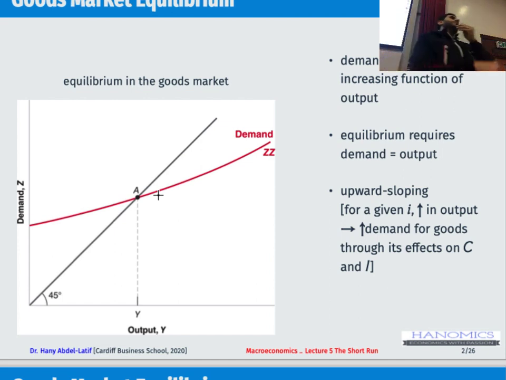Let me talk about the other case. If the interest rate falls, how is this going to affect aggregate demand? Again, think about how this affects investment, and that will make it easy to find out how it affects aggregate demand.